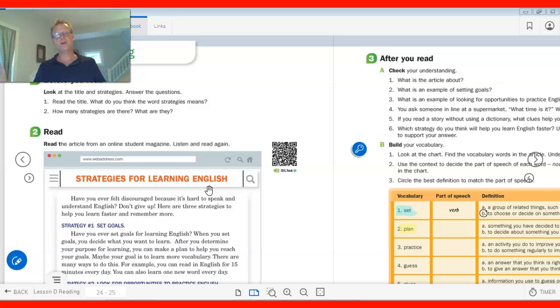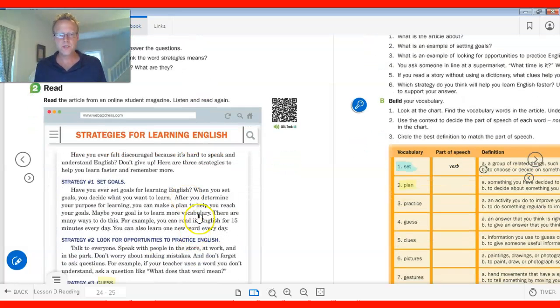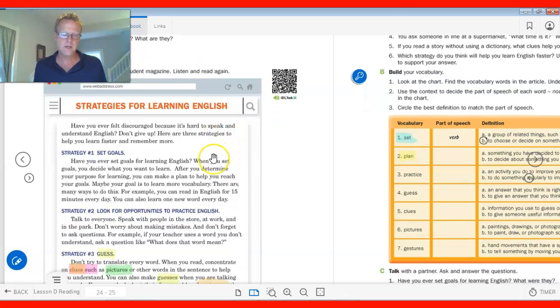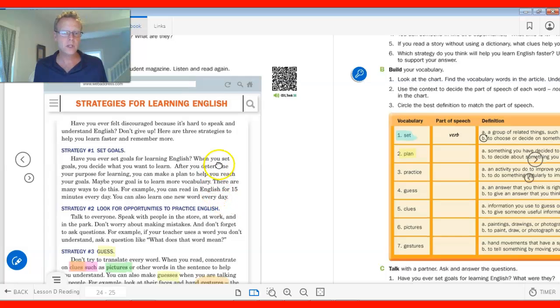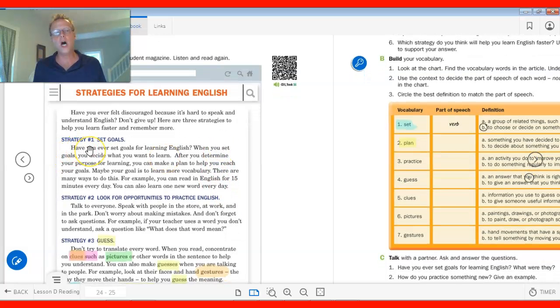The author is going to try and convince me that there are, in fact, strategies for learning English. And if you come down here, you'll see some subtitles. Now, every article doesn't have subtitles. When they do, you should look at those immediately. Strategy 1, set goals. Strategy 2, look for opportunities to practice English. Strategy 3, guess.